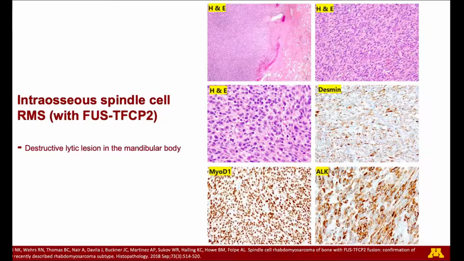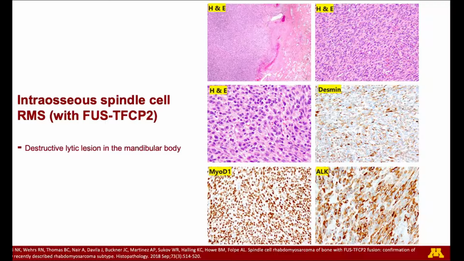Here is shown an intraosseous spindle cell rhabdomyosarcoma with FUS-TFCP2 rearrangement. Reportedly, this tumor destroyed the cortex of the mandibular bone and extended into adjacent soft tissues.